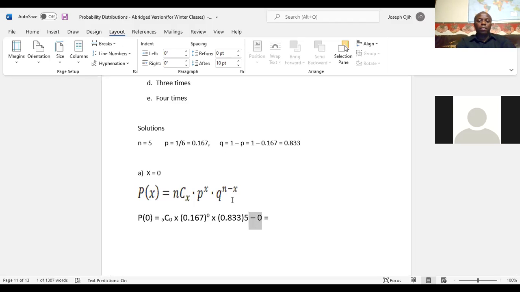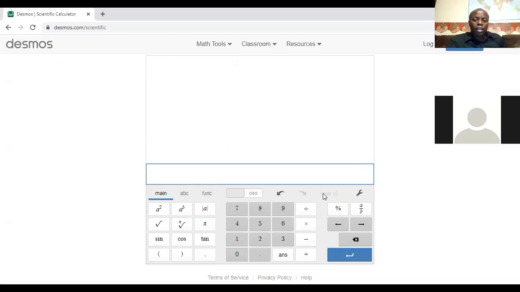Once you have this, we can now go to the calculator and put this in, and we get our answer right away. In the calculator, the first part is 5 combination 0.